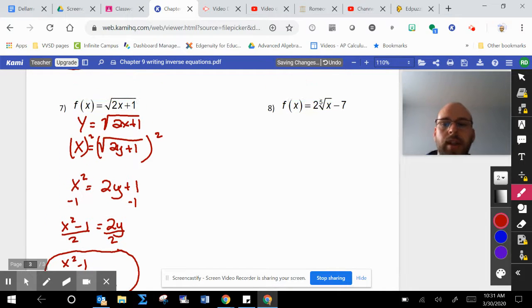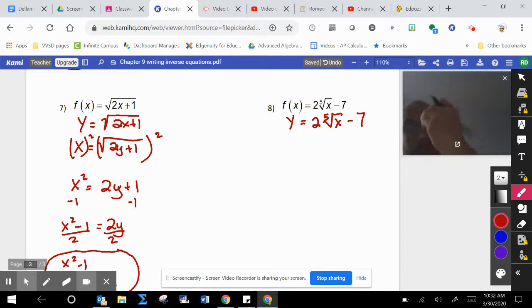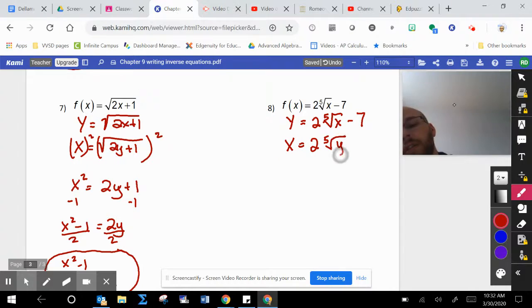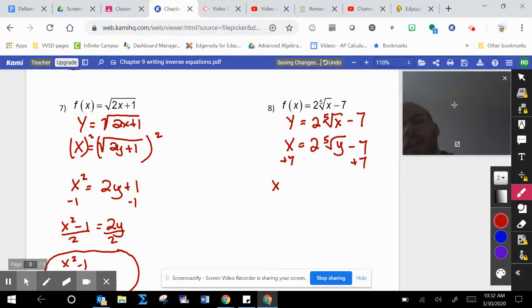Okay. And then last, I think you guys are getting the steps by now. So I write it as y equals 5th root of x minus 7. I'm going to transpose x and y. All right. Now I have to isolate the y. So I got to get rid of this little extra term, this little minus 7. Let's get rid of that extra term over to the other side.